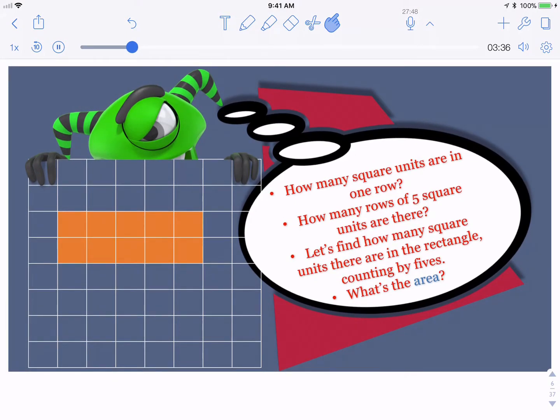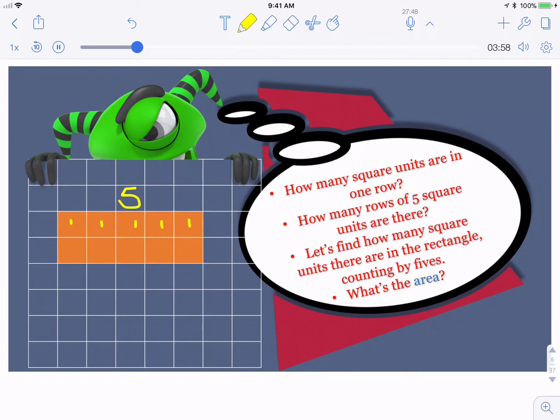So let's look at this rectangle again. How many square units are in one row? Well, one row has 1, 2, 3, 4, 5. There's 5 square units. In other words, there's 5 squares in one row.